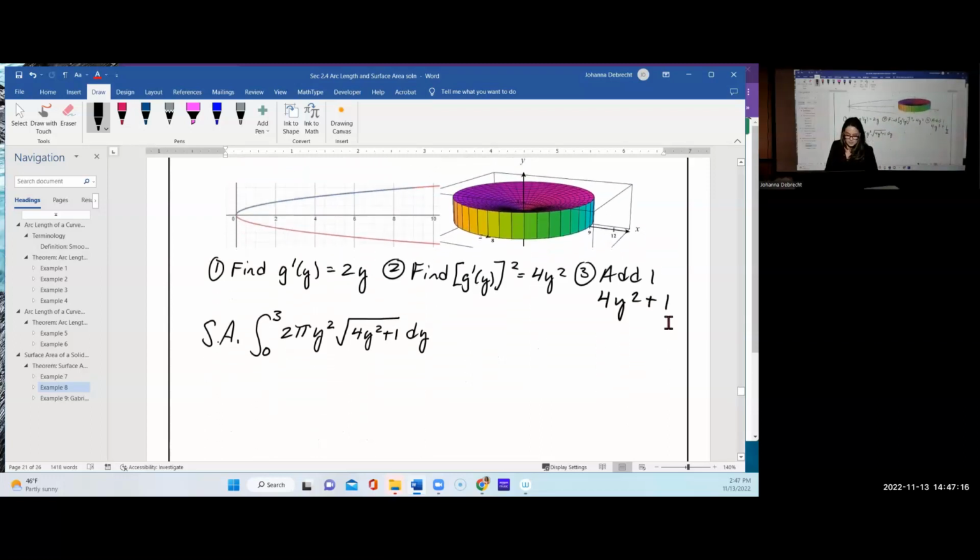There are several options that you can pursue. It does look like I can do a trig substitution with tangent, set 2y equal to tangent of theta, and solve it that way. It also is something that you could look up in a table. So go ahead and pause the video, work out the integral, and then turn the video back on, and we'll compare methods and see which way you went.